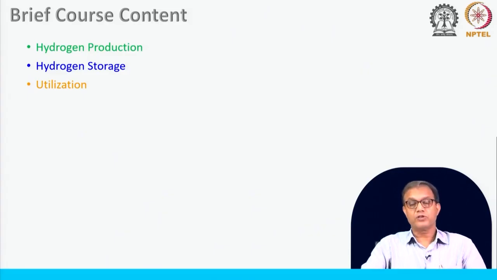So, for utilization we will look mainly at hydrogen as a fuel, which at present has limited application in space technology, or cryogenic rocket or cryogenic engines.